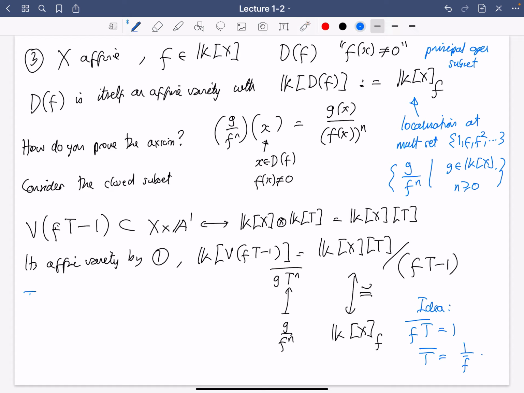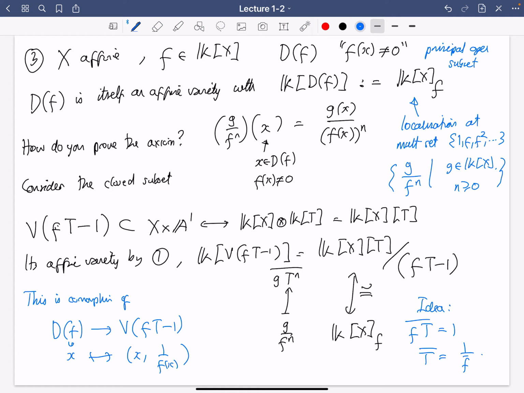So this then is the comorphism of a map from D of f to this vanishing set of ft minus 1, taking point x in D of f to the point (x, 1 over f of x).